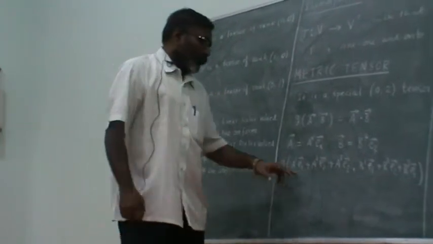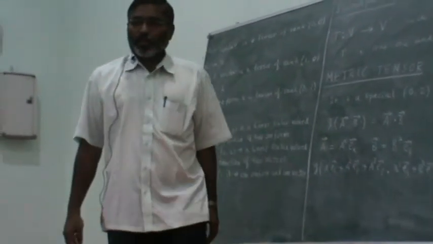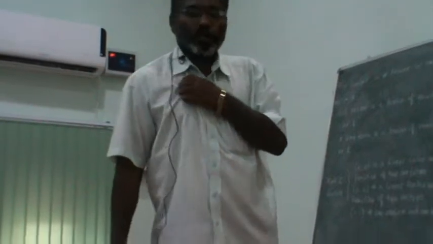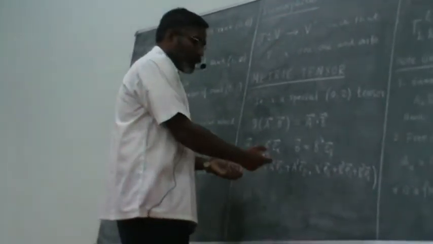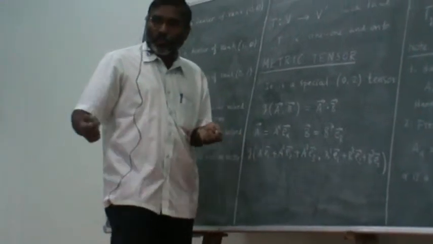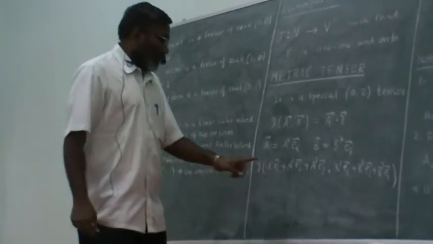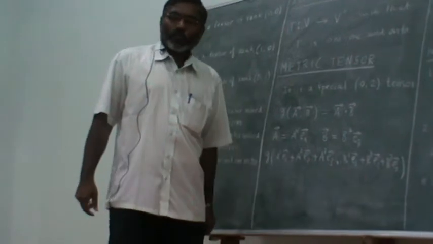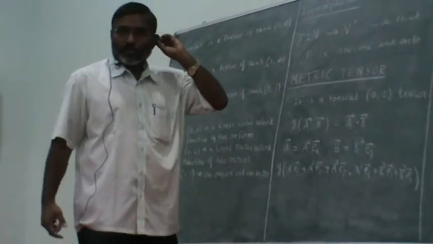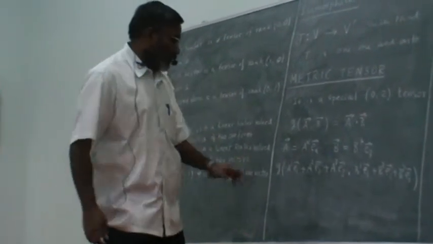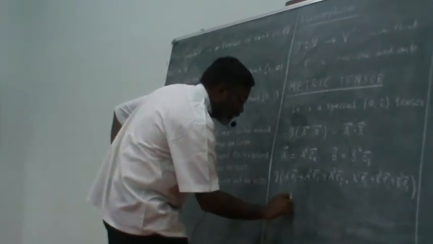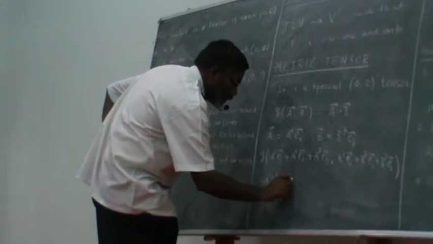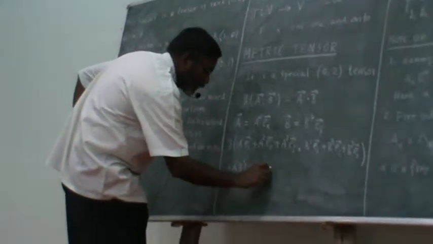Now this E1, E2, E3, assume that they are orthogonal. Okay, if they are orthogonal, then what happens by linearity? I can split them into pairs of E1, E1, E2, E2, etc. And E1 dot E1 alone will give you a non-zero result, because finally we will write this as A1 B1 into G of E1 comma E1.